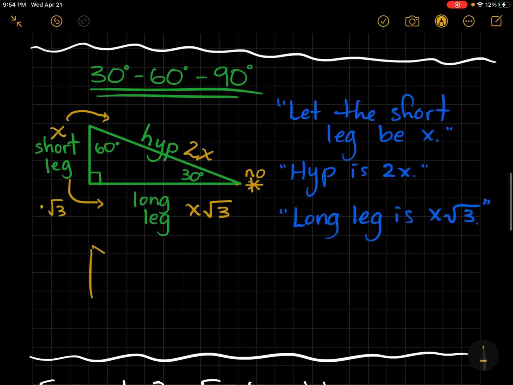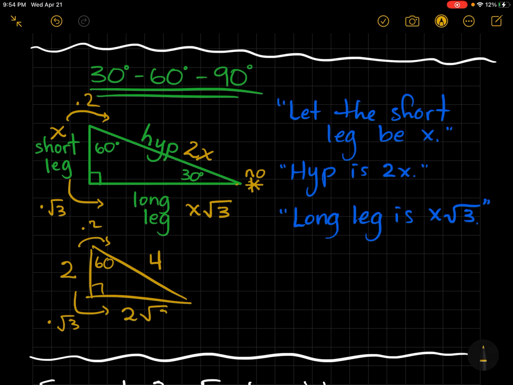So if you have a 30, 60, 90, and you know the short leg is 2, then the hypotenuse is 4. You always just multiply by 2 when you go to the hypotenuse. When you go to the long leg, what do you multiply by? Radical 3. So that's 2 radical 3. Okay?